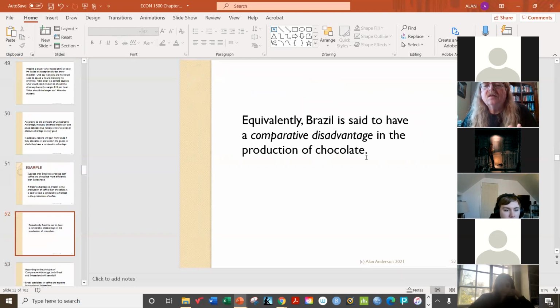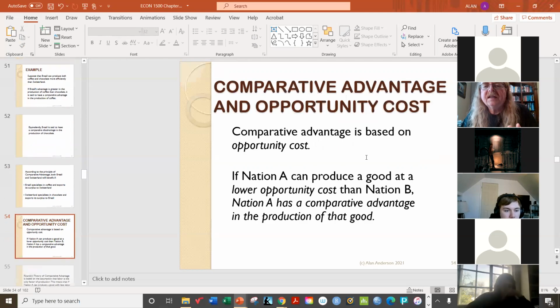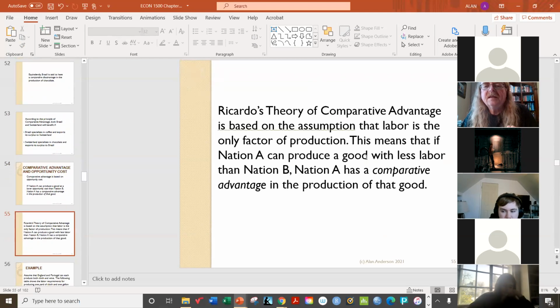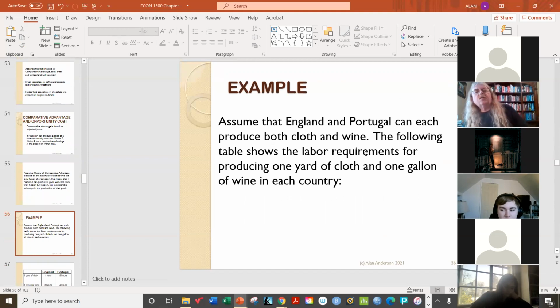So let's see, I think I've got a numerical example here. No, okay. So here's where we're going to start. Or actually, this is a full-blown example, and it's going to take a while to get through the whole thing. This is based on Ricardo's book, and I think I mentioned before that this is now the early 1800s.